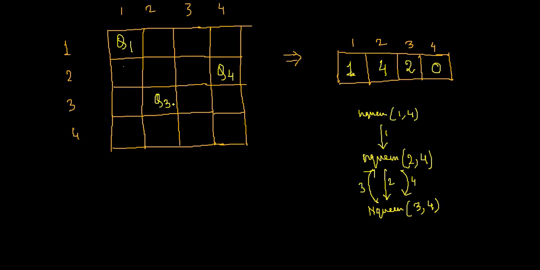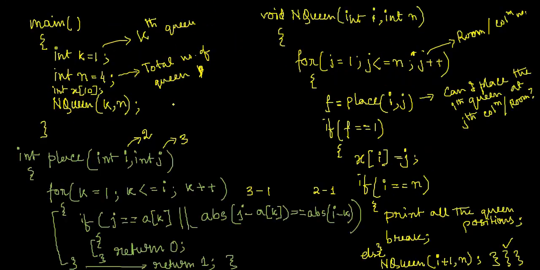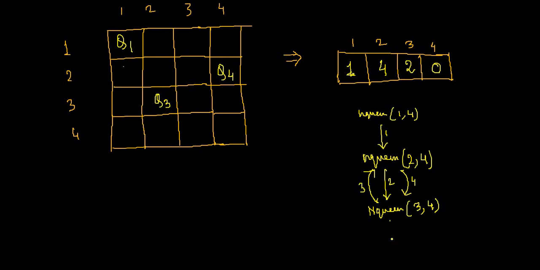Now see, as soon as queen 3 is placed, this queen 3, 4 will call queen i plus 1, n. That means queen 4, 4. And again from this diagram you can understand that there is no place for queen 4.